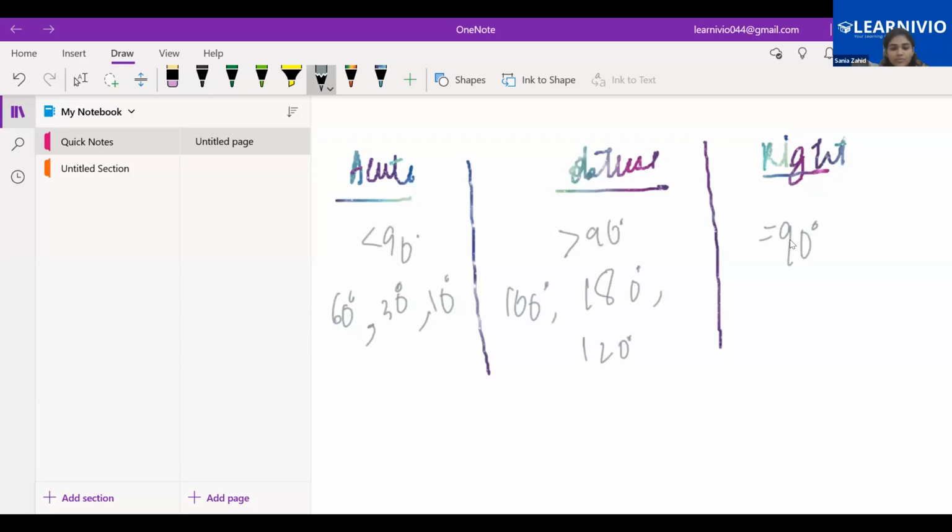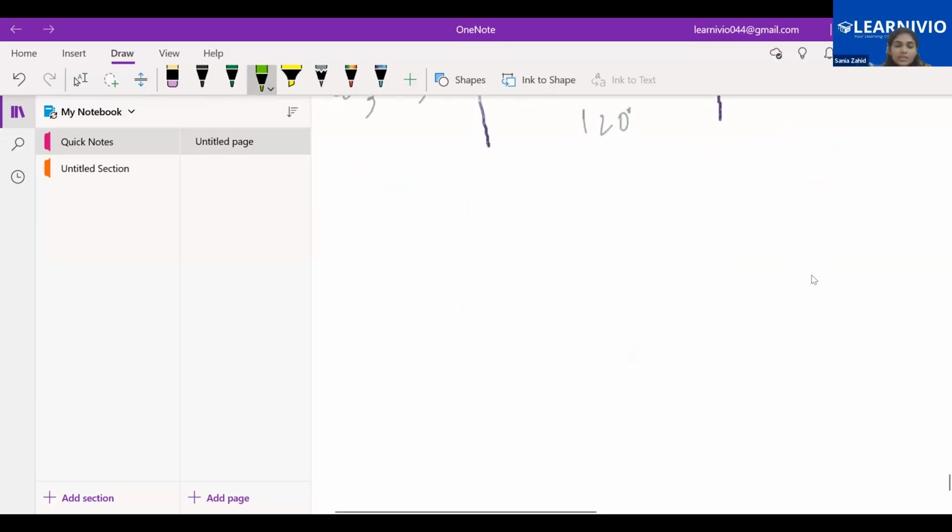Now, I'll give you various pairs and you have to tell me if the following pairs are supplementary or complementary. Okay, I'll just write some random pairs.